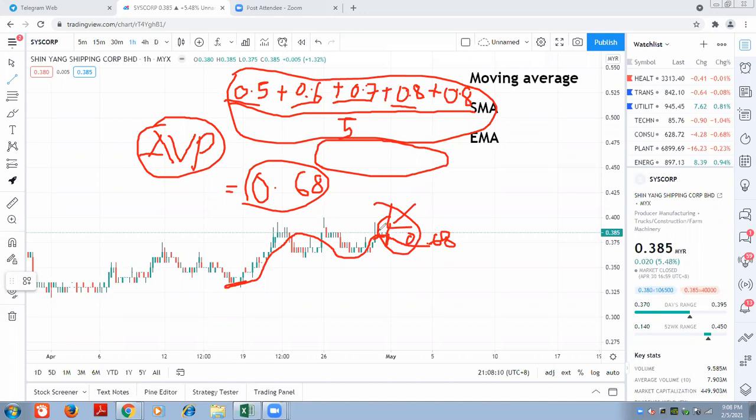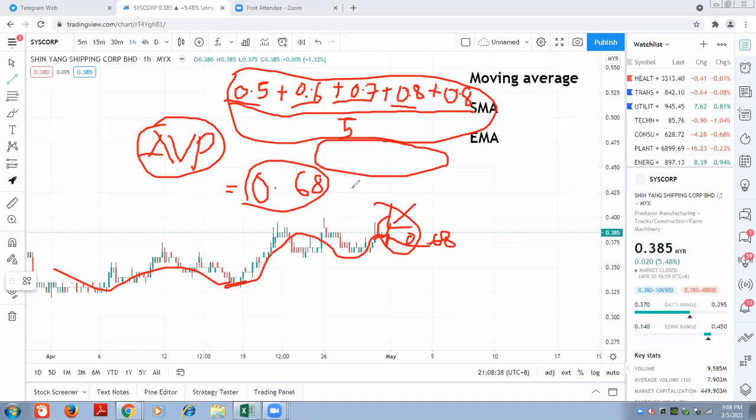The price is about to give us a sign of a change of trend, for example a change of direction, a change of buying interest, or a change of selling interest, based on the relationship between the line and the current candle.